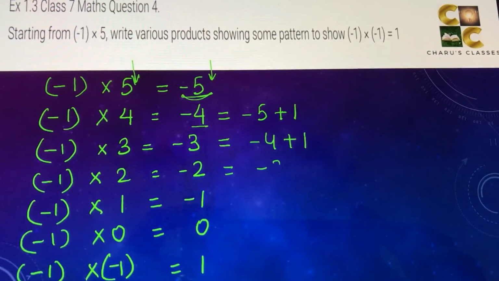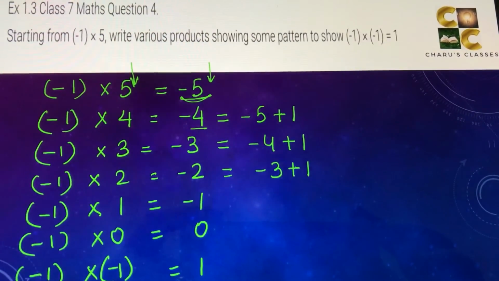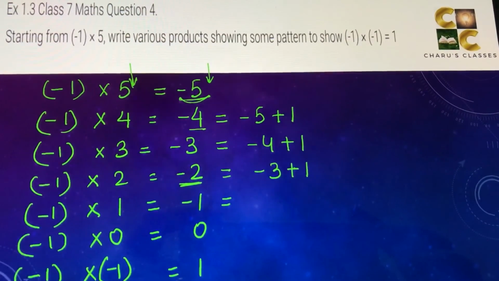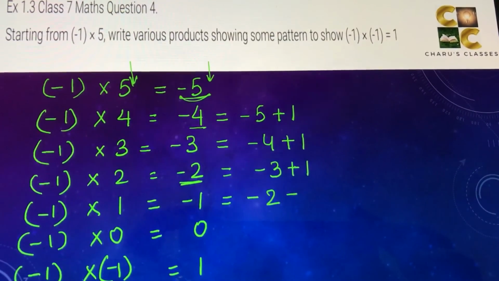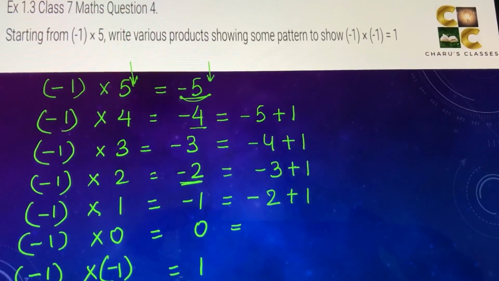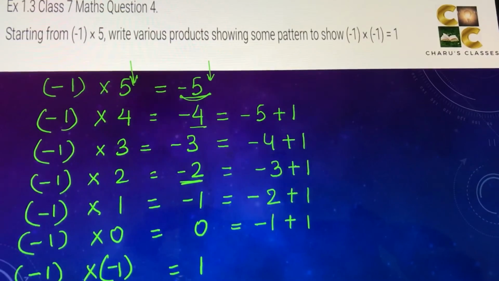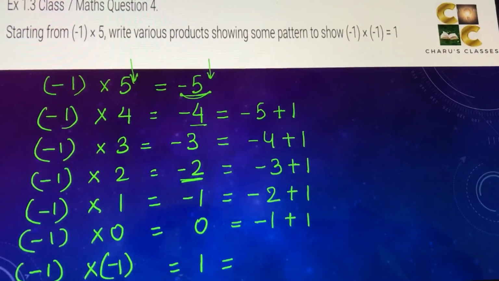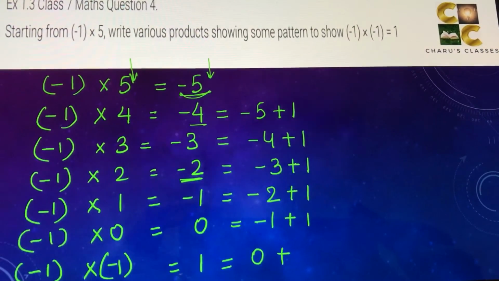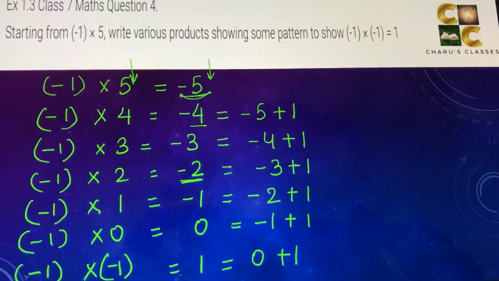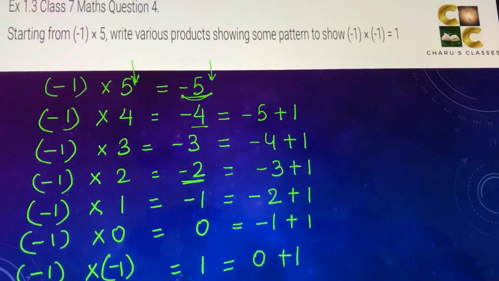Minus 2 can be written as minus 3 plus 1. यानी पिछले नंबर में 1 ऐड करने से अगला नंबर आ रहा है. Minus 1 can be written as minus 2 plus 1. 0 can be written as minus 1 plus 1. And finally 1 can be written as 0 plus 1. So as you can see, there is a pattern which is coming here as asked in the question.